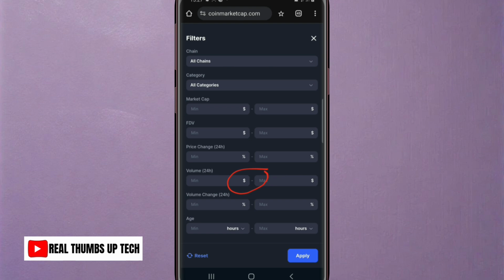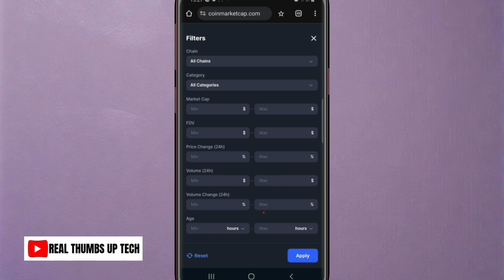You can choose a particular figure you need from minimum to maximum in dollars. This one is the volume change in percent, meaning how much the trading volume has increased or decreased in the past 24 hours.